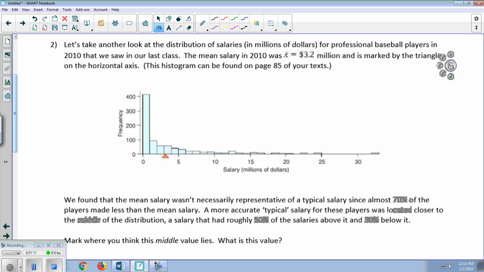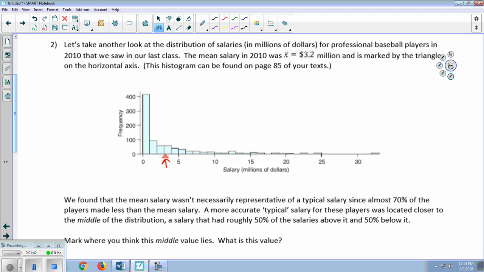So let's go back and look at this distribution that we saw in the previous section for salaries of professional baseball players. The mean salary was 3.2 million, and we had talked about how this doesn't seem like a typical salary. So this may not be the best method to talk about a typical value.